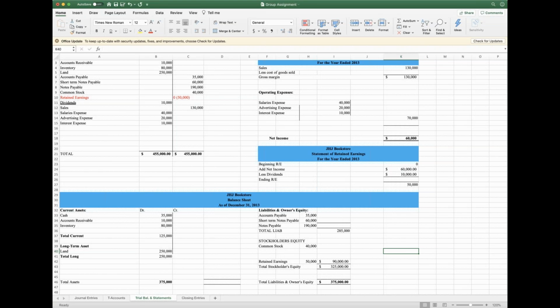That's what you're doing the closing entries for. So it's sales and then income summary, and then you just keep doing like the 130 for sales, and then it's really hard to explain.